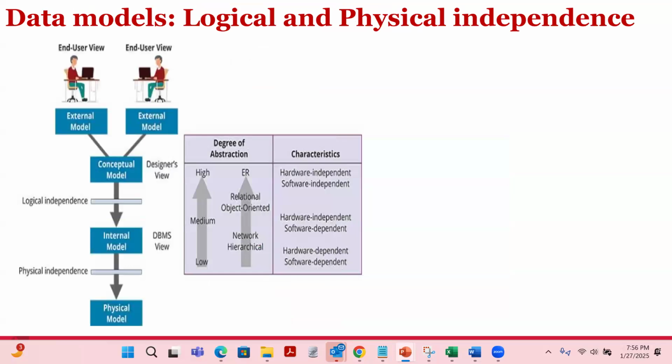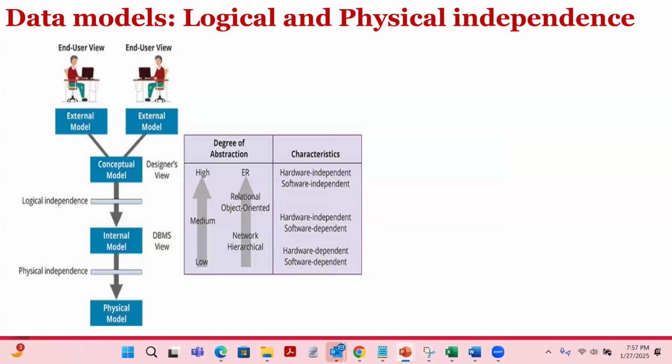We are going to talk about two very important concepts here, logical and physical independence. Logical independence exists between the conceptual data model, where we create the first design for the database, and the actual database view.